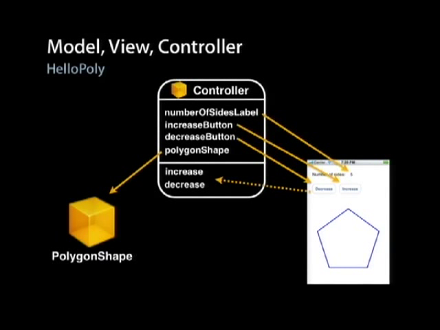Number of sides points to that, increase button, decrease button. And each of these, this is the action target stuff, the buttons actually point back to the controller, right? So when I click on increase, when I click on decrease, methods on my controller get called that correspond to that. They're actually methods that I've physically set up with these arrows. We'll take a look at that in a minute.